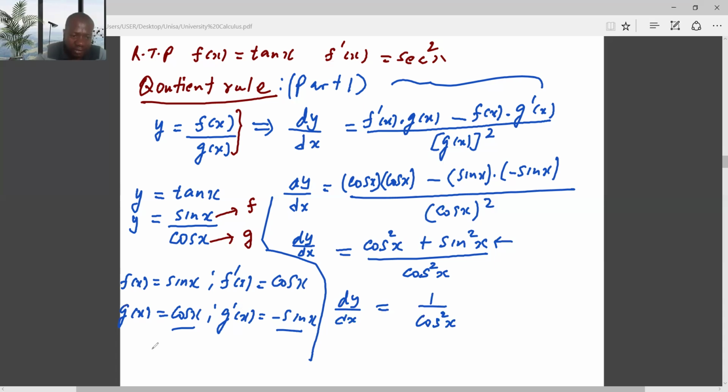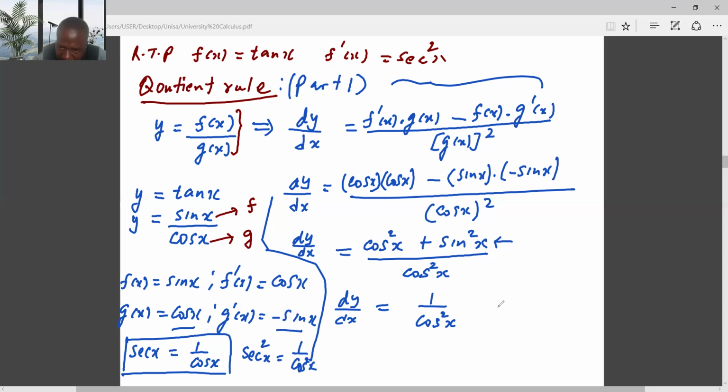Okay, let me just write it. We know that sec of an angle is just 1 over cos. Remember, the reciprocal of sec is cos, and the reciprocal of cos is sec. So very important. If sec x is 1 over cos, how about sec squared? Sec squared will be 1 over cos squared. So you see that this is sec squared.